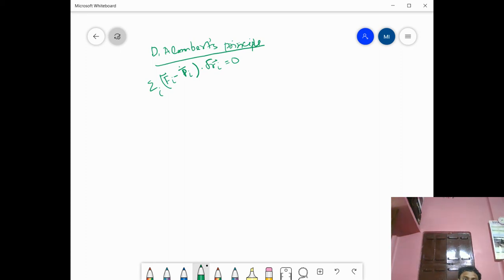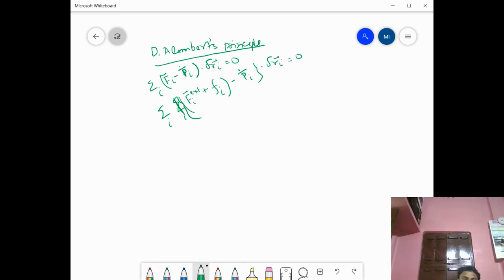Now the applied force can have, as usual, a force of constraint or an external force. So Fi, one part is external, plus the force of constraint Fi, minus Pi, dot delta Ri equals 0.